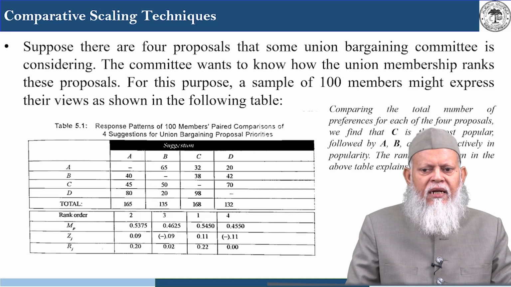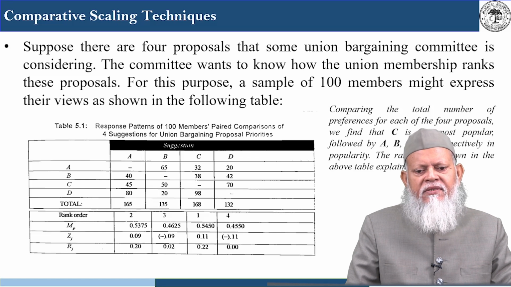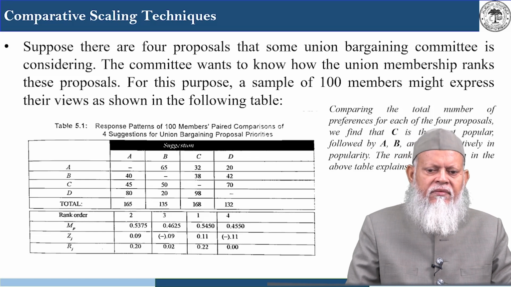So comparing the total number of preferences for each of the proposals, we find that C is the most popular, followed by A, B and D. C has 168 preferences, whereas A has 165, D has 132.